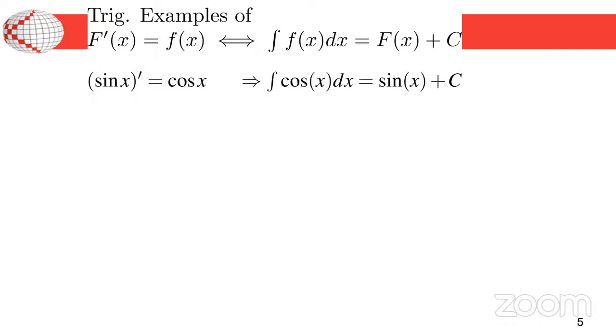So for example, we know the derivative of sine is cosine, right? Which means if you integrate cosine, you get the antiderivative, which will be sine plus c. Make sense? So here the capital F is sine, little f is cosine, and we just rewrite the derivative formula in the integral form.